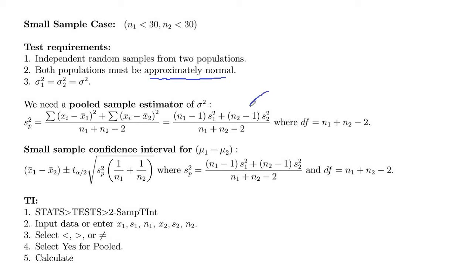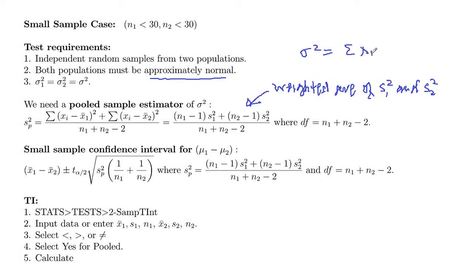So this expression here is actually a weighted average of s1 squared and s2 squared. Remembering here that sigma squared is the sum of (xi minus x bar) squared and then divide by n.